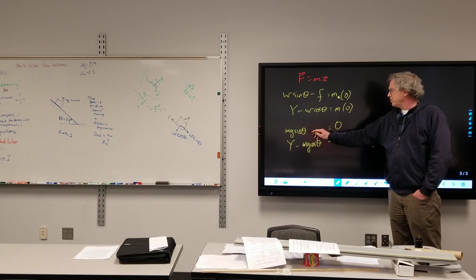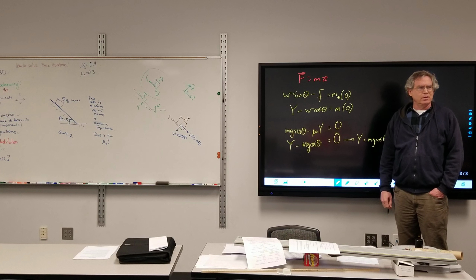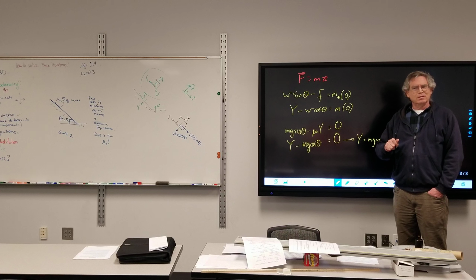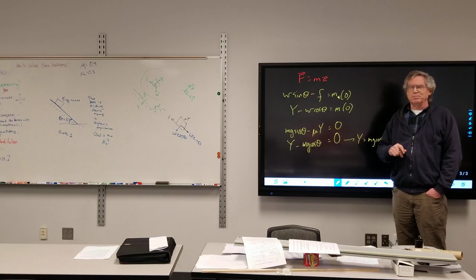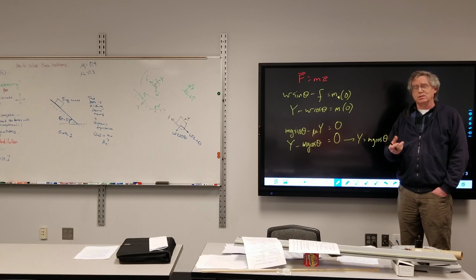All right, which mu are we using? Static? Static implies, I guess, 0 velocity with respect to the object it's touching.